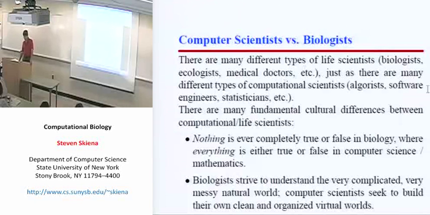But that said, there are certain phenomena that are interesting. One cultural difference between computer scientists and life scientists is that in computer science, everything is true or false. One reason is that we work on digital things and everything is binary. But more to that point, we construct our own world.